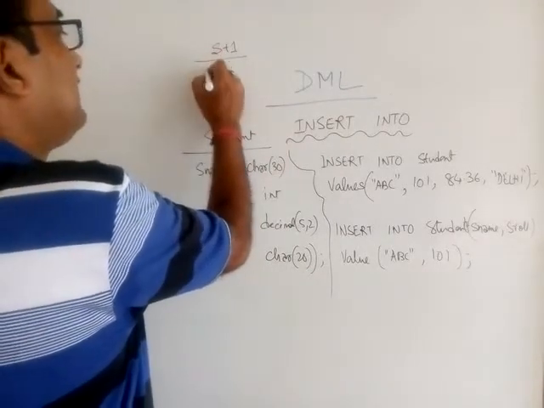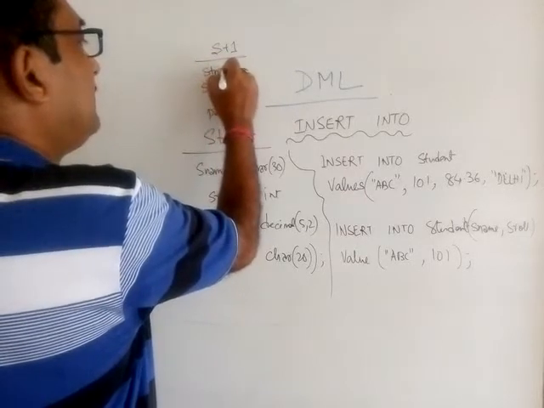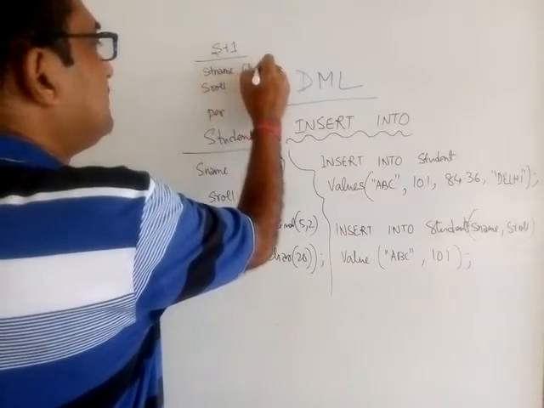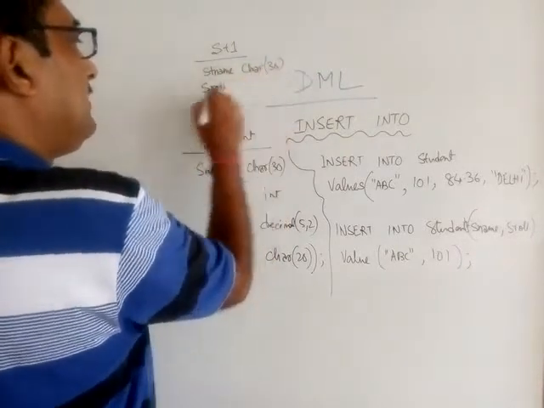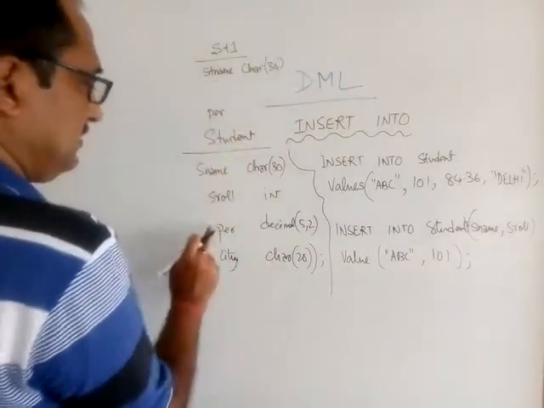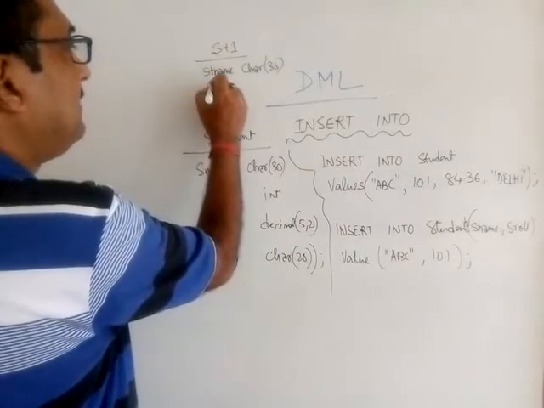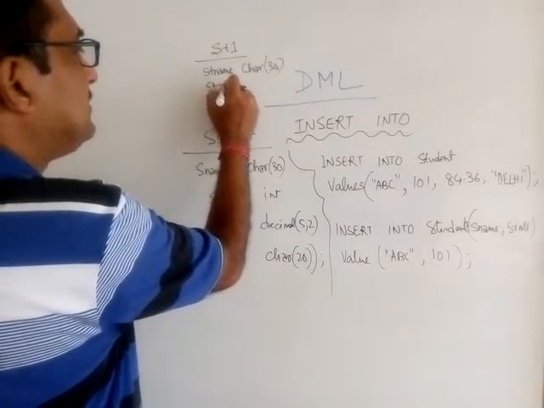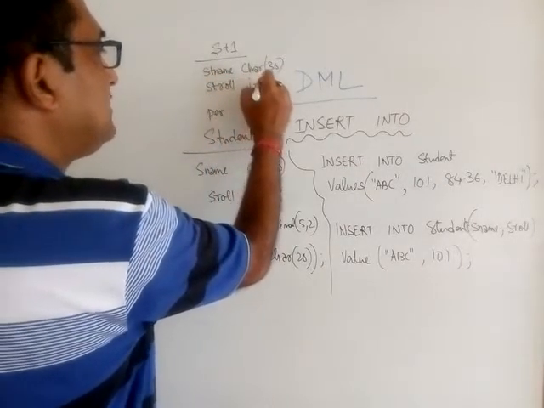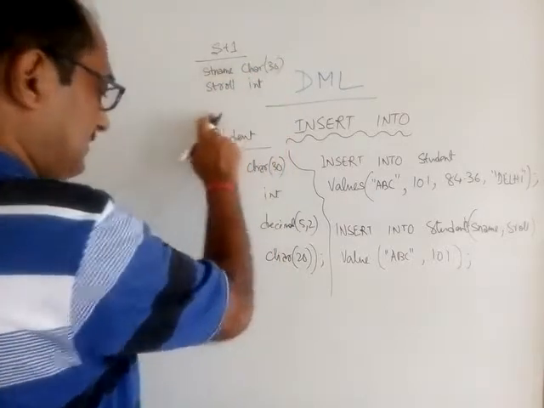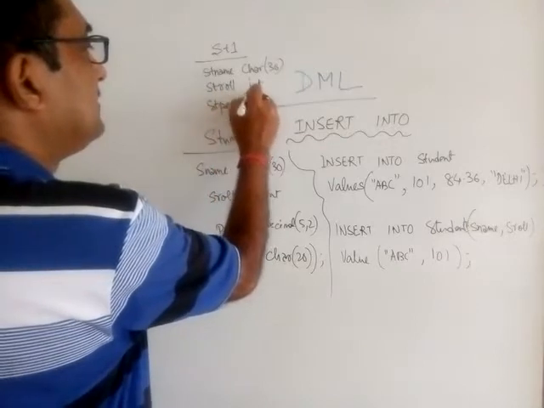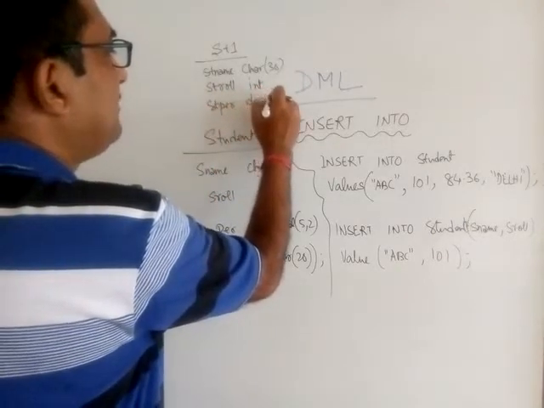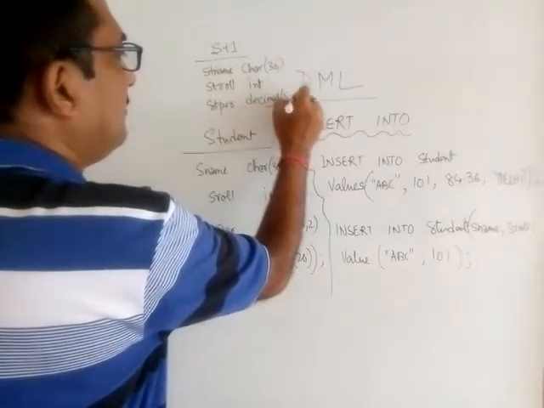Say imagine I wrote here ST name. This was also of same size, character 30. Here also, instead of S roll, the field name was say ST roll. This was also integer. And instead of percentage, say here we had ST percentage, but the structure of the field was same, 5, 2.